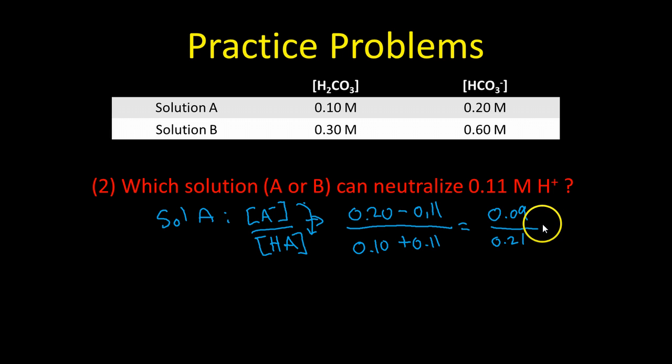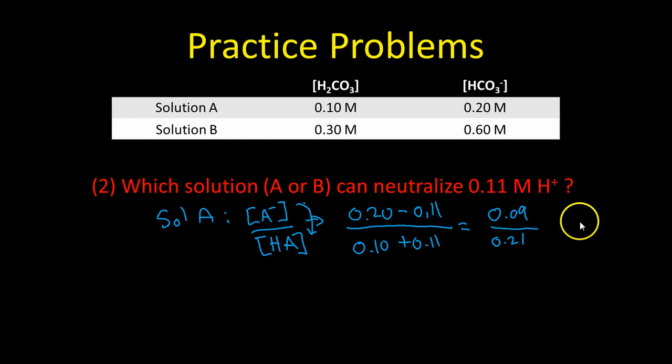Remember I said that generally buffers are most effective in the 10 to 1 or 1 to 10 ratio. They'll still work beyond that, but they're most effective in this range. What you don't want is to have either your conjugate acid or base be completely consumed by the addition of an acid or base.